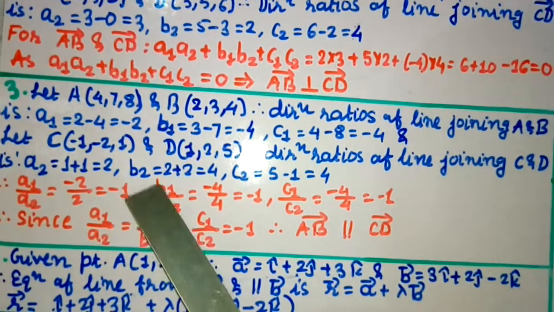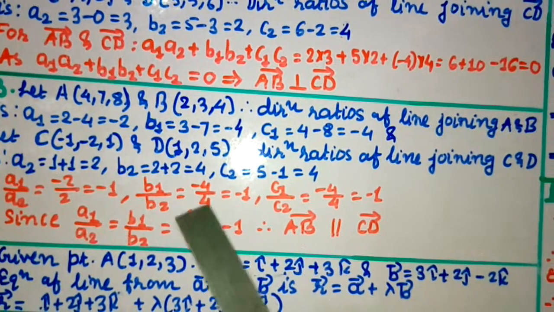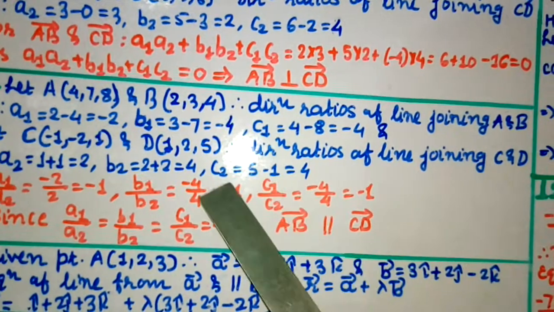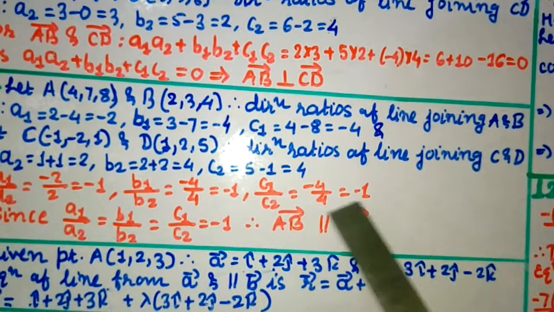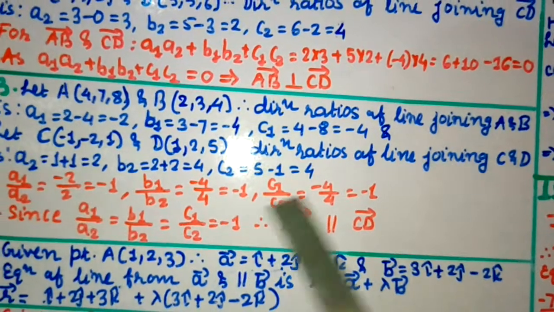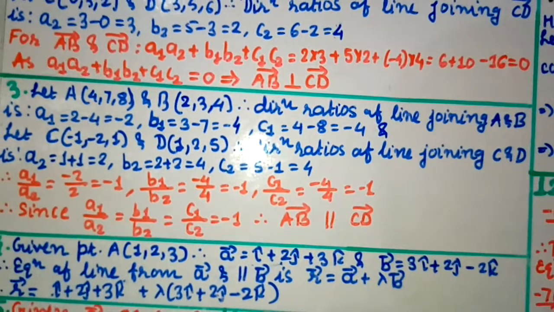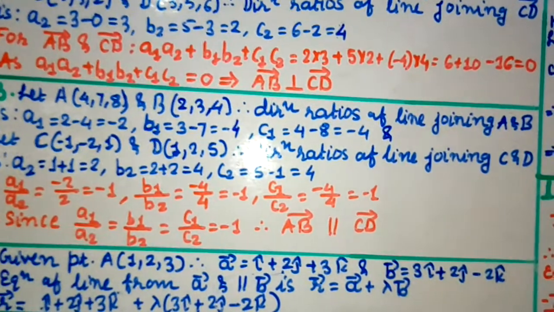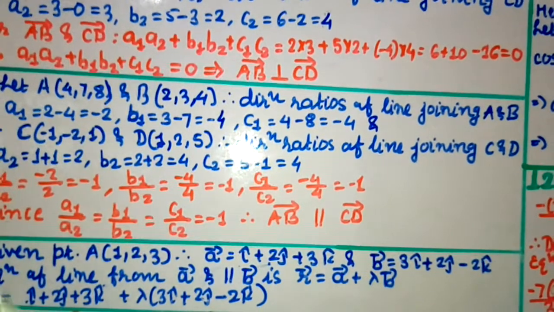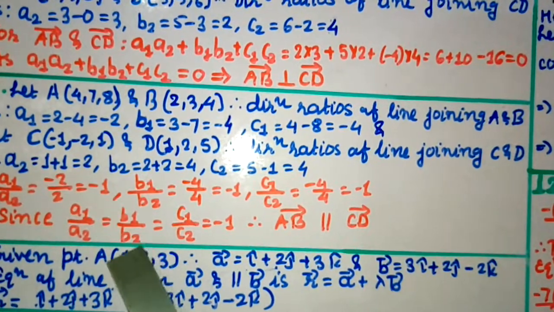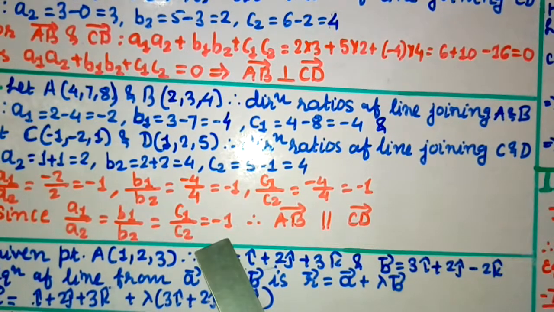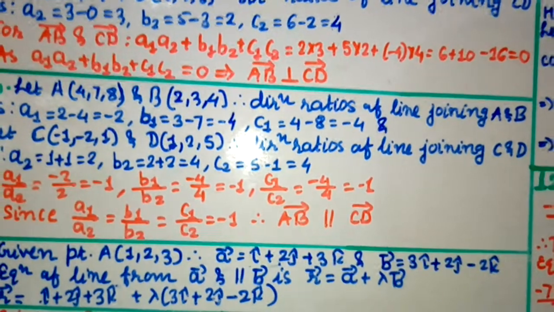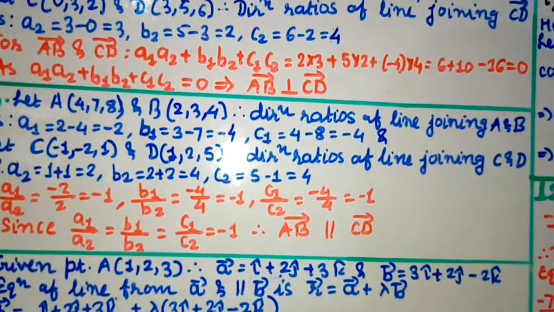Then b1 by b2 is -4 by 4, which gives you -1. And c1 by c2 is -4 by 4, that is -1. So each ratio is the same, right? If each ratio is the same, that means the given vectors are parallel. So since a1/a2 = b1/b2 = c1/c2 = -1, therefore vector AB is parallel to vector CD, hence showed.